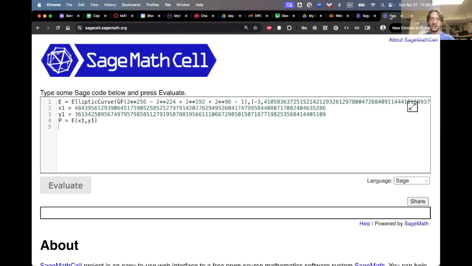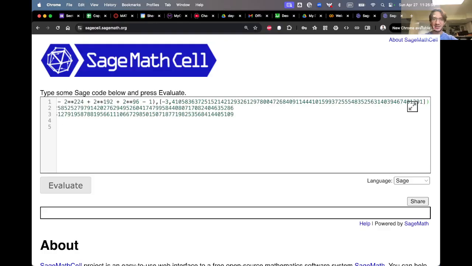So I've got this Sage cell right here. So here's the elliptic curve. Again, we're using this prime number, 2 to the 256 minus 2 to the 224 plus 2 to the 192 plus 2 to the 96 minus 1. And then we're using the elliptic curve where A is minus 3 and B is this thing.